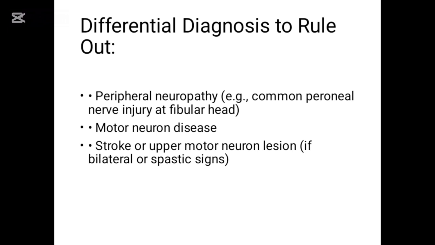Other differentials are motor neuron disease, stroke, or an upper motor neuron lesion, with any type of spastic signs seen in the leg. Usually the leg appears very heavy, and when you lift it, perform the SLR, or perform glides of the sciatic nerve, it feels very tough, hard or spastic. So you might get confused with a spasticity condition.